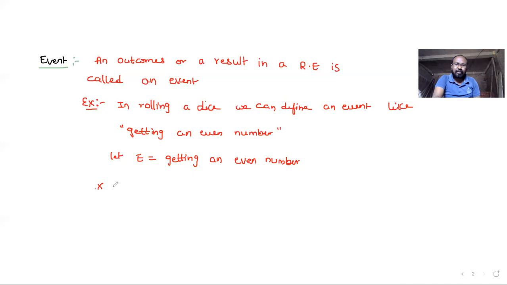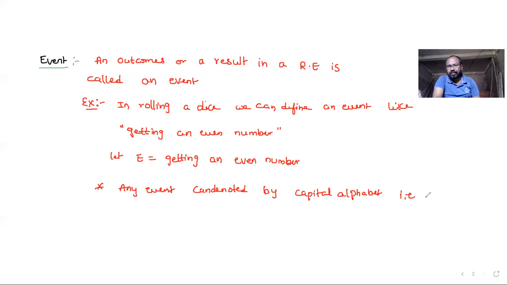Here, an important point is any event can be denoted by a capital alphabet, that is A, B, C, and so on.